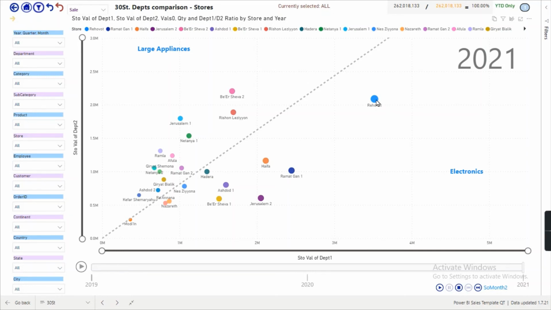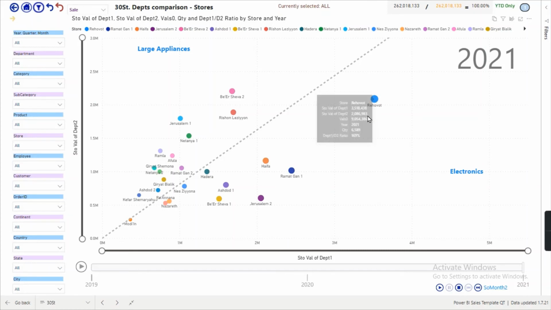We see the biggest store. The more sales, the bigger the point, the round dot. So Rehovot is a big one. Ramat Gan, they are leaning towards electronics.